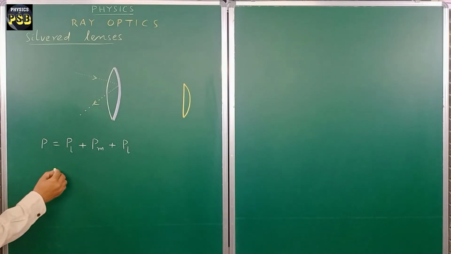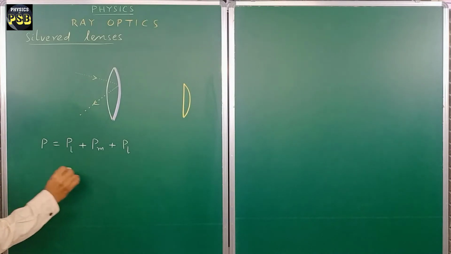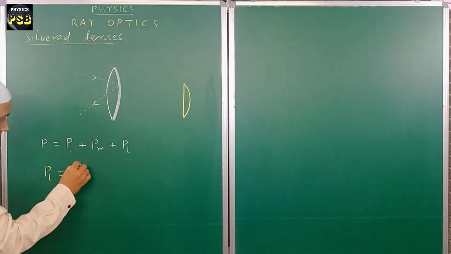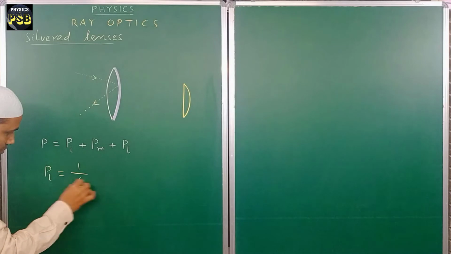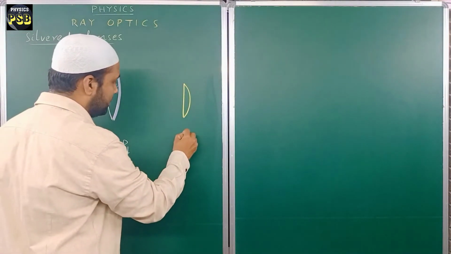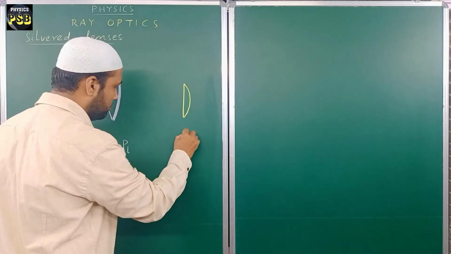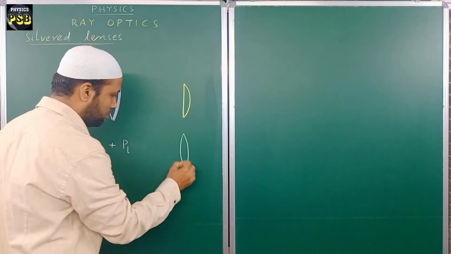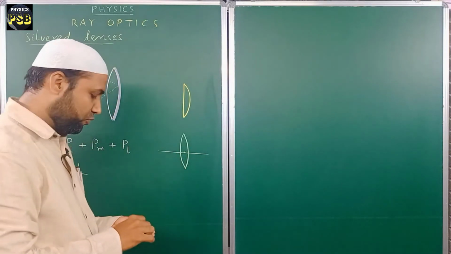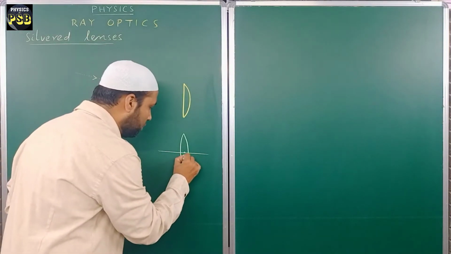Here, power of the lens is nothing but the reciprocal of the focal length. We know focal length is nothing but the distance between the pole of the lens and the focus.